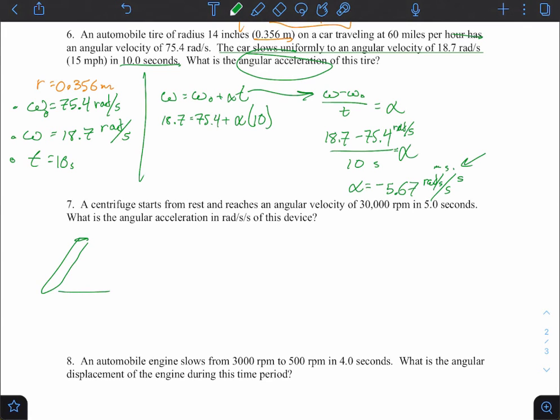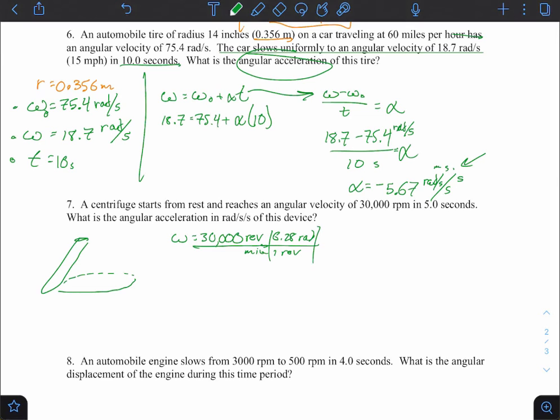All right, so we have a centrifuge going around. And it reaches a final angular velocity of 30,000 revs per min. And again, every time I see it, I'm immediately going to convert it. 1 rev is equal to 6.28 radians.